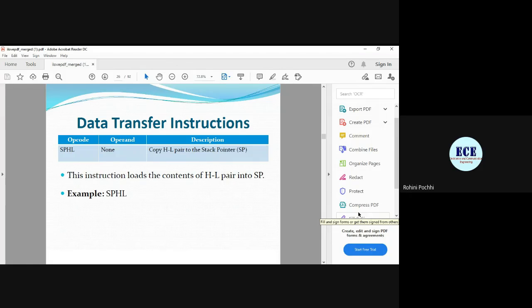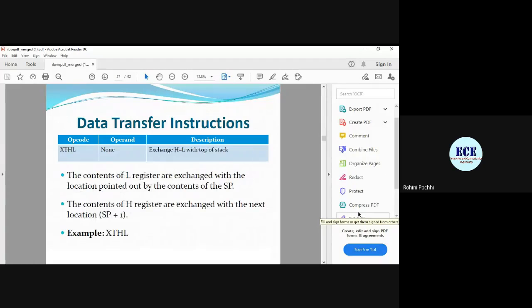SPHL, again, this type of instruction does not require any type of operand. Copy HL pair to the stack pointer. The instruction loads the content of the HL pair into the stack pointer SP. XTHL, again, does not require any kind of operand.